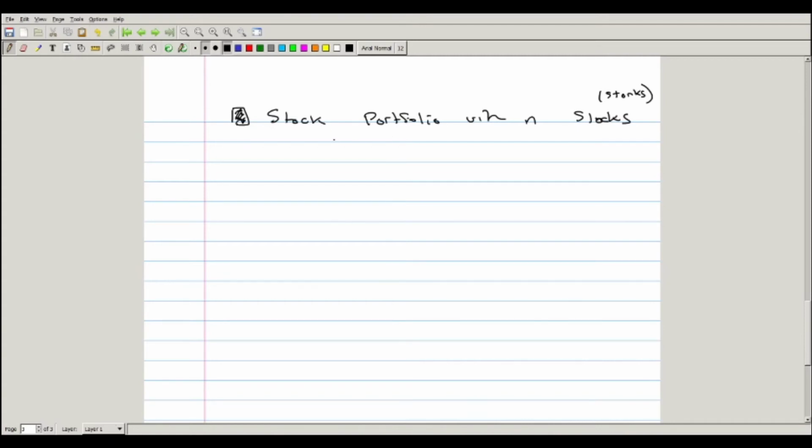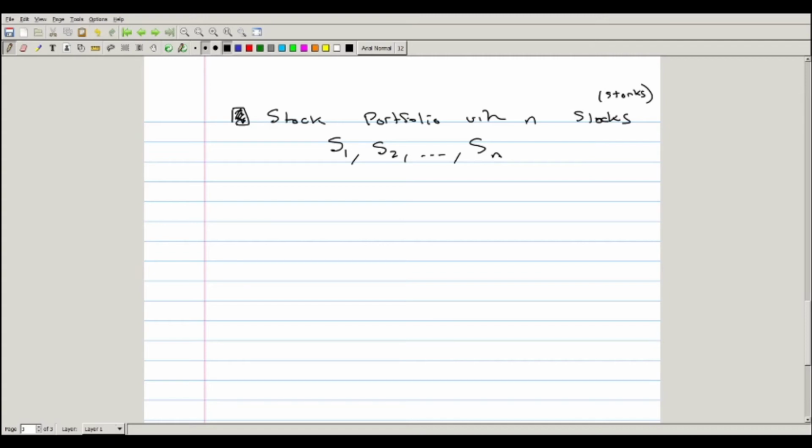Let's say we invest in N companies, S1, S2, up to Sn, and specifically that with each one of these companies we're invested at a different percentage.